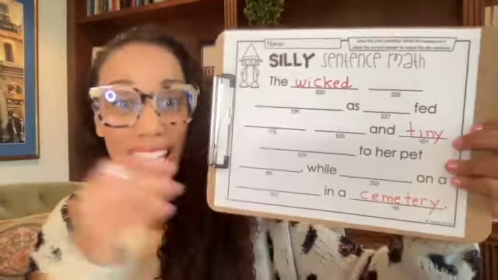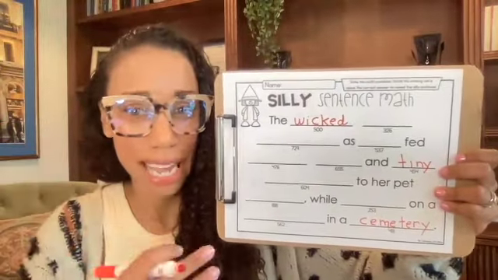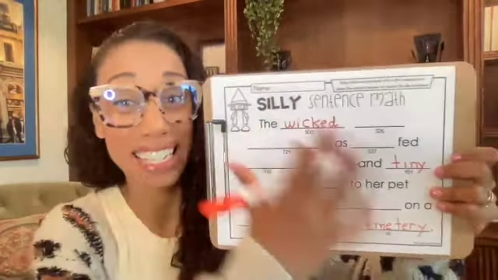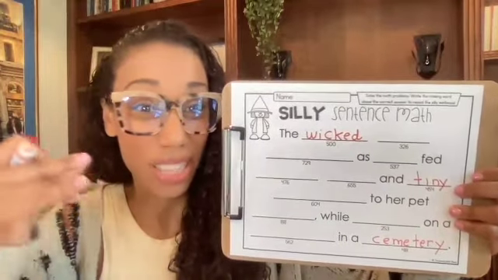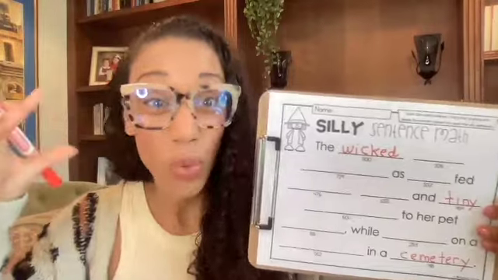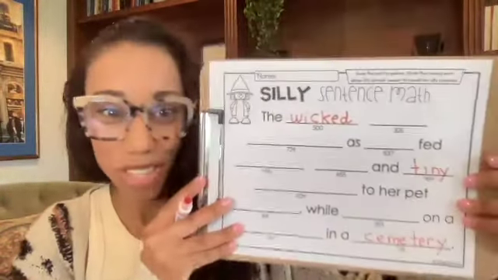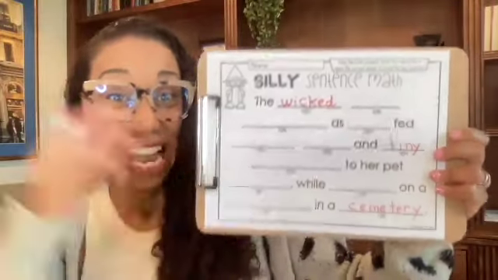All right, so this activity has built-in motivation because they're like, wait a minute, I've got to keep solving because I want to find out what this silly, spooky sentence is. So they're going to want to finish the activity because they have to know what this sentence says.